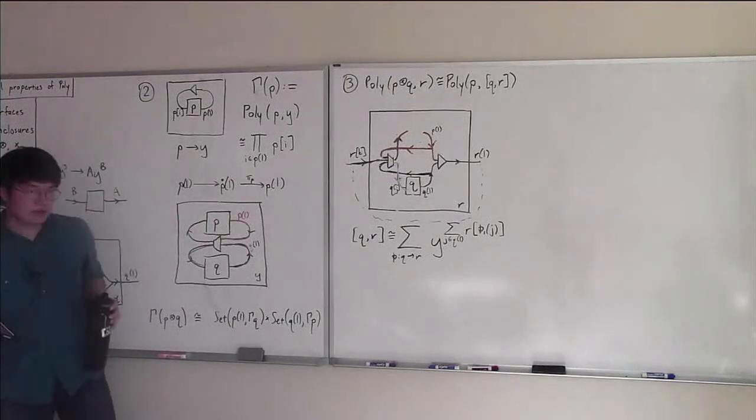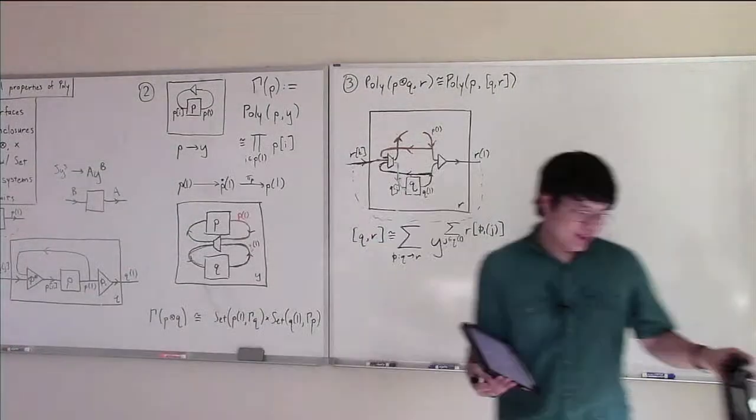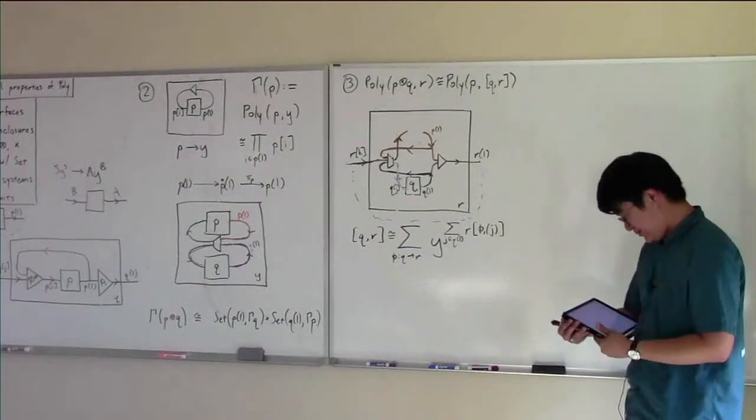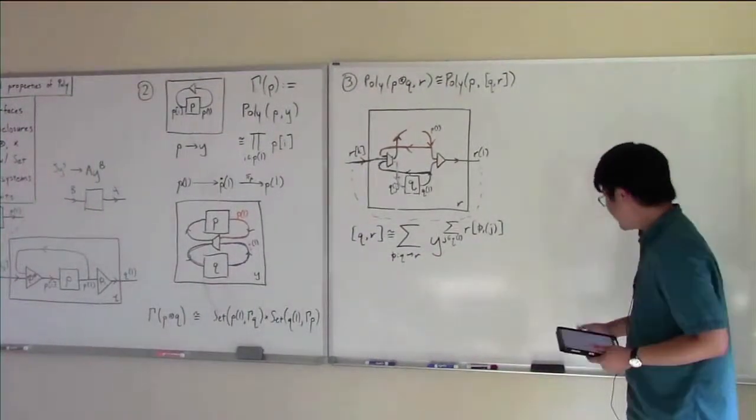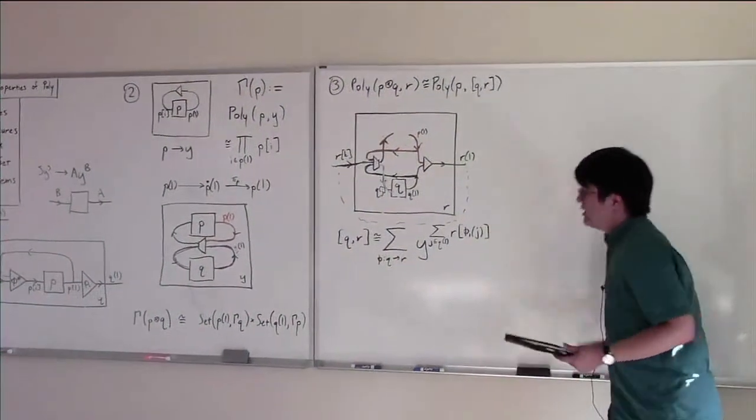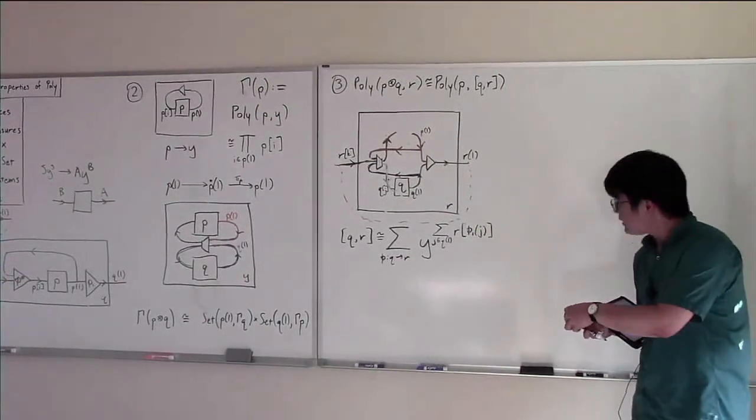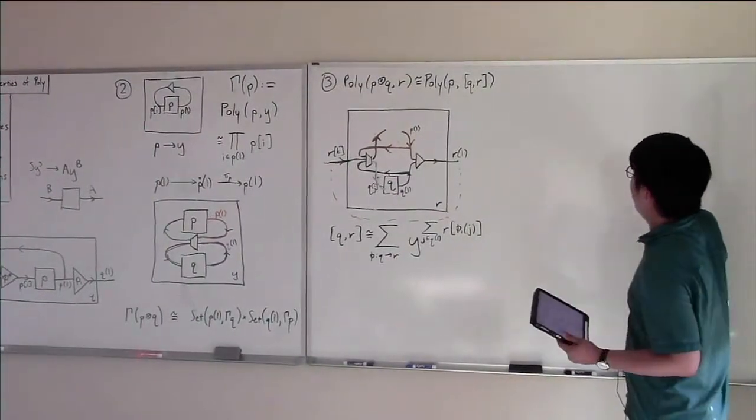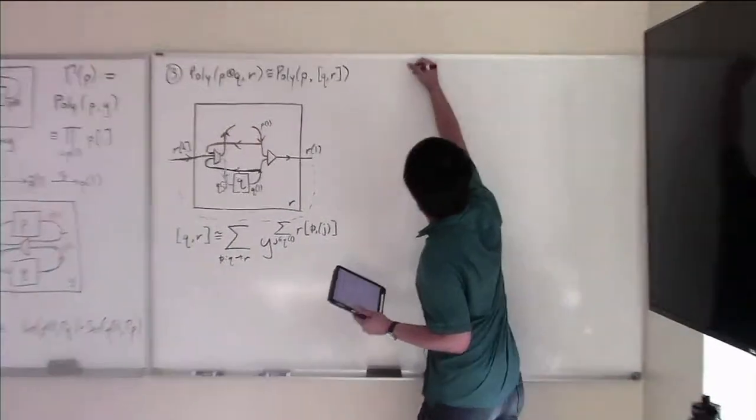OK. Now I'm going to attempt something more daring, which is to apply the same process to figure out a different closure, namely the Cartesian closure.